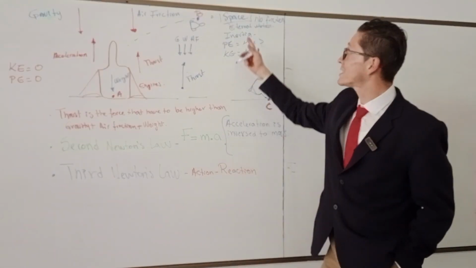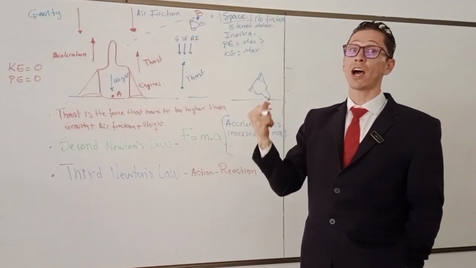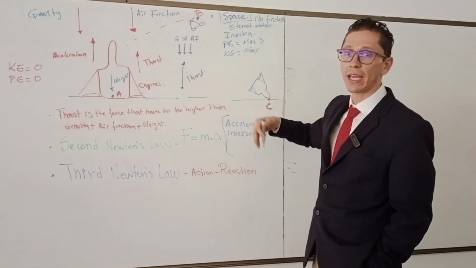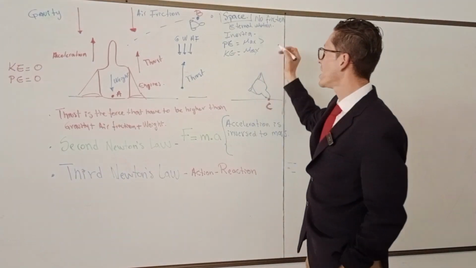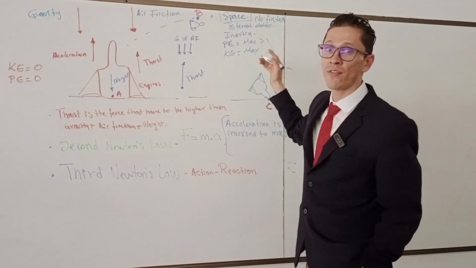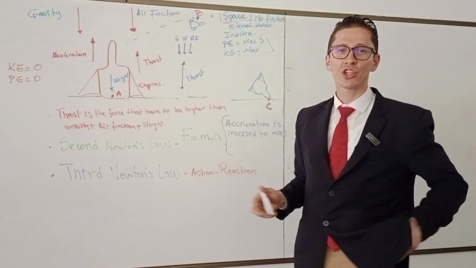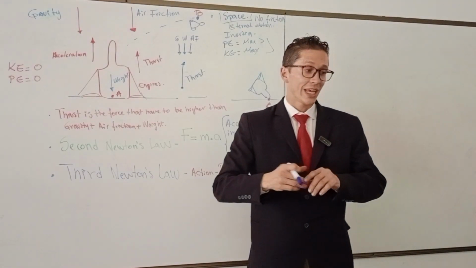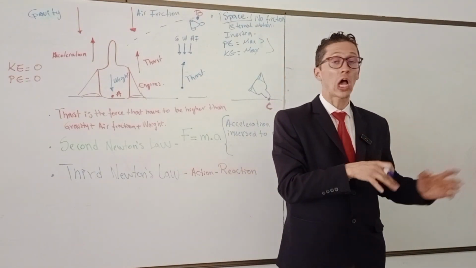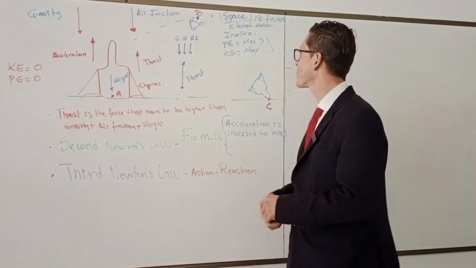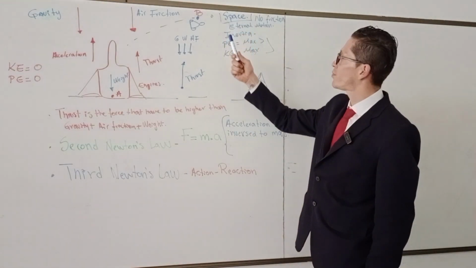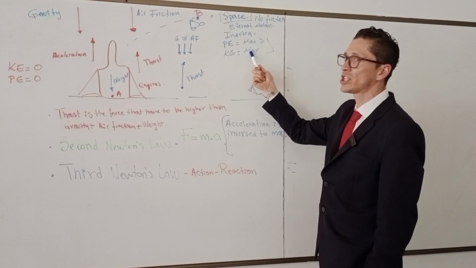That's why when this object gets to the max speed or the max kinetic energy or potential energy, the motion will be eternal. It just has to keep being max or start decreasing, right? Then in space, potential energy is max and kinetic energy is max.